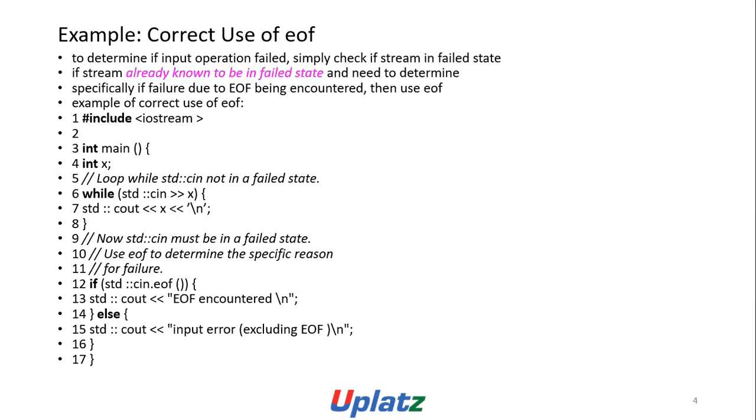Example: correct use of EOF to determine if an input operation fails. Simply check if the stream is in a failed state. If the stream is already known to be in a failed state and you need to determine specifically if the failure was due to EOF being encountered, then use eof.